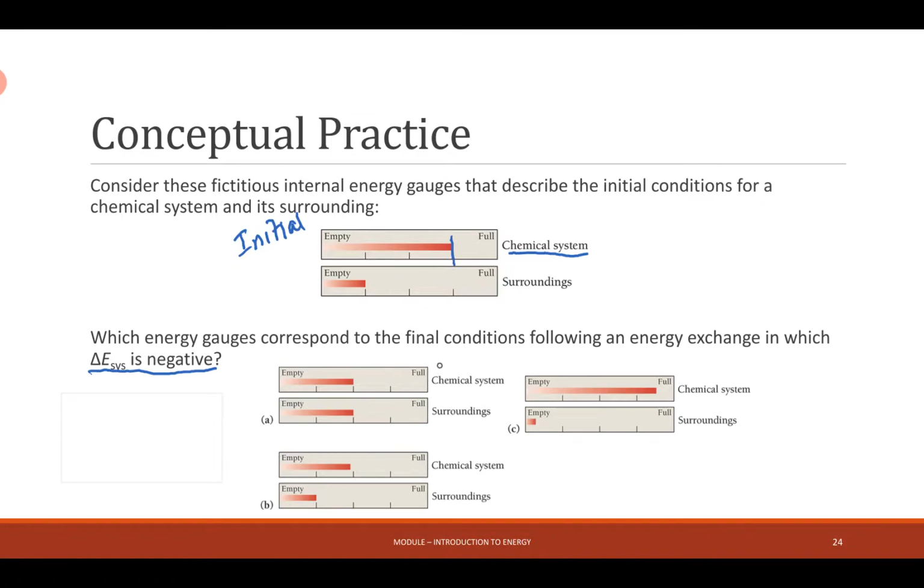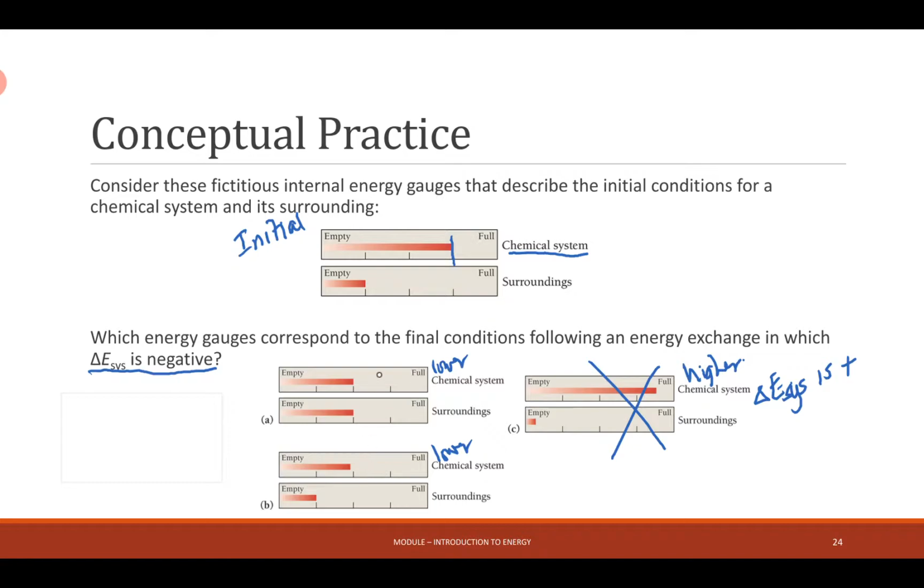And so this one is lower. This one is lower. And this one is higher. So it can't be that one, because for that one, the delta E system is positive, and we're looking for delta E system that's negative.